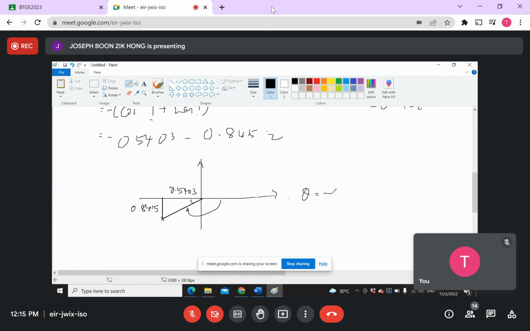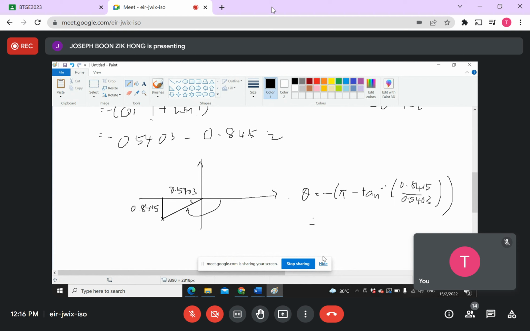So the whole thing will be pi minus tangent inverse of y divided by x, 0.8415 over 0.5403. So this one will be your theta.